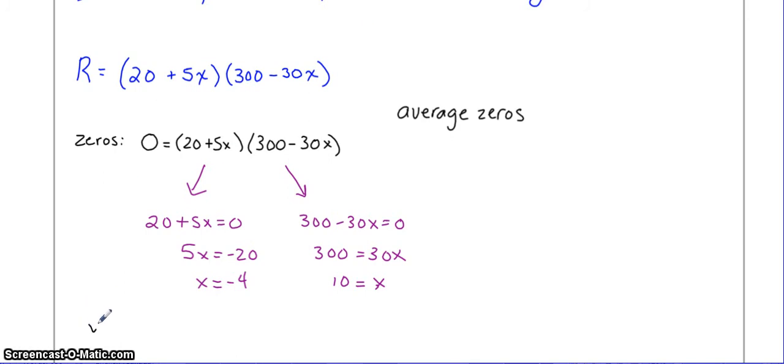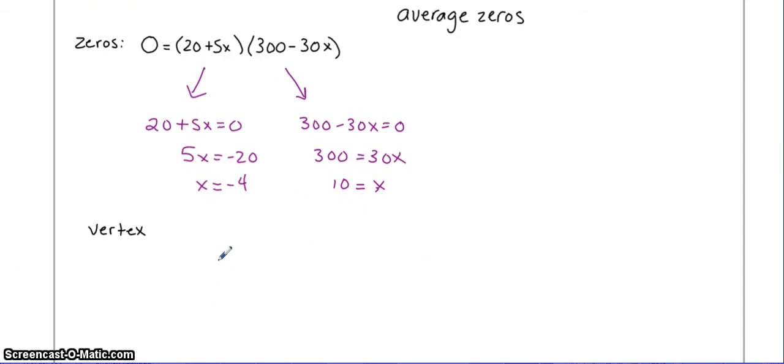To find your vertex, the x-coordinate of the vertex is found by averaging the two zeros, and that is equal to 3. So that means if x is equal to 3, we have to add $5 to our price 3 times.